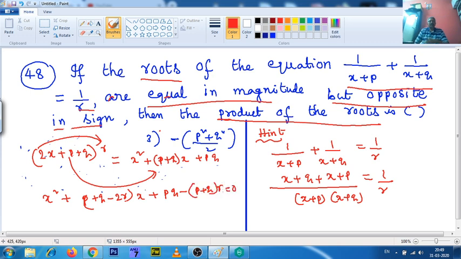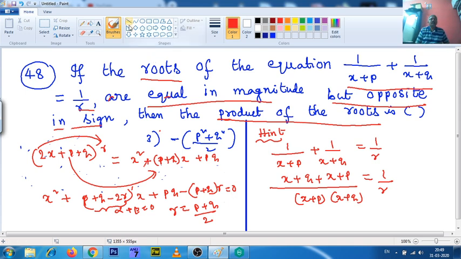Please check it. Now according to the problem, the sum of the roots alpha plus beta is equal to 0. That means this must be 0. So we get p plus q equals 2r, so r is equal to (p plus q) by 2, or r is the arithmetic mean between p and q.